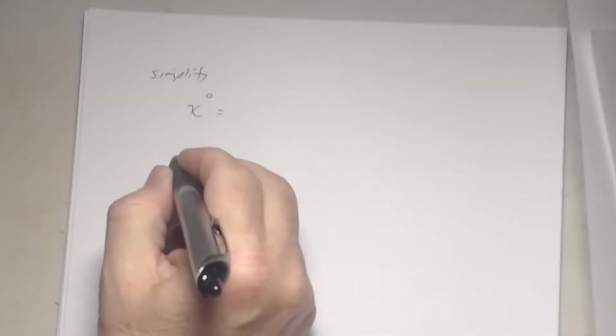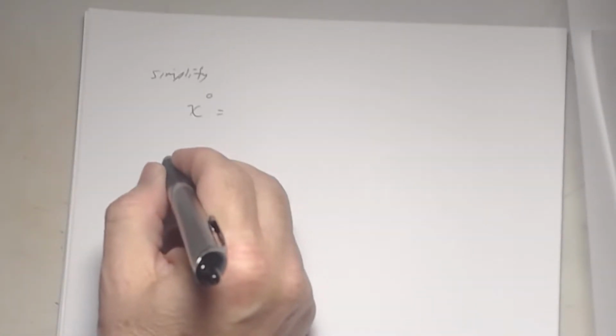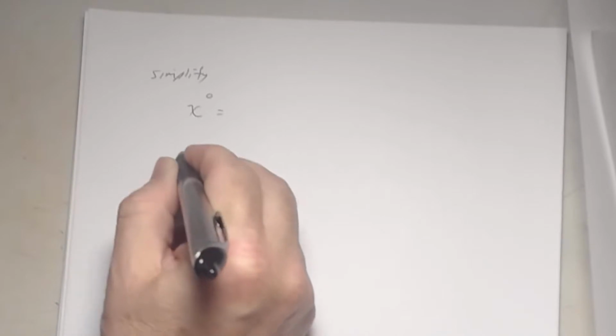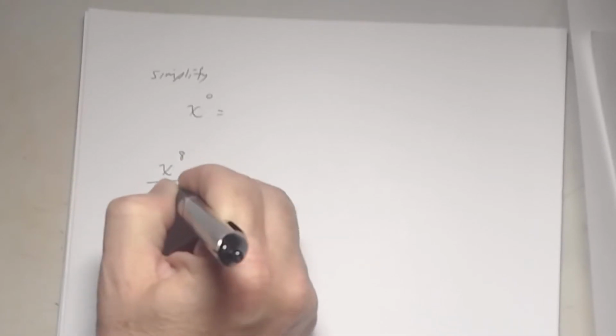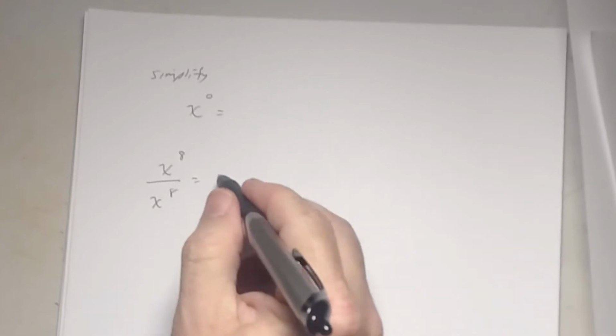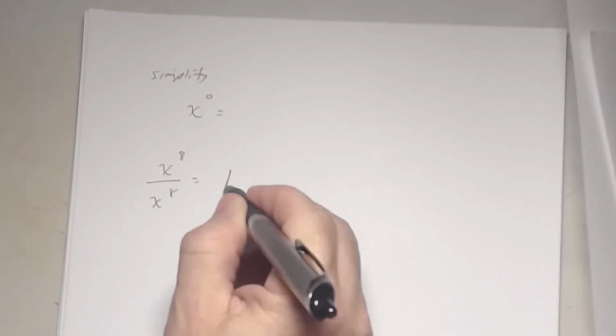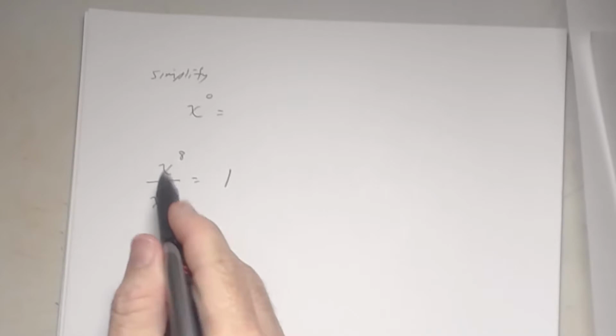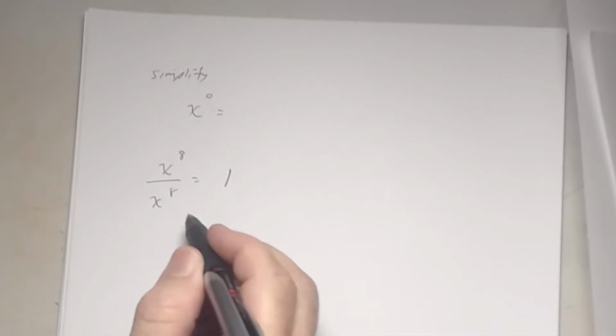Okay. All right. So let's look at this idea then. What is x to the 8th divided by x to the 8th? That's 1, because anything divided by itself is 1, right? But what if I use the quotient rule? Could I use the quotient rule here?